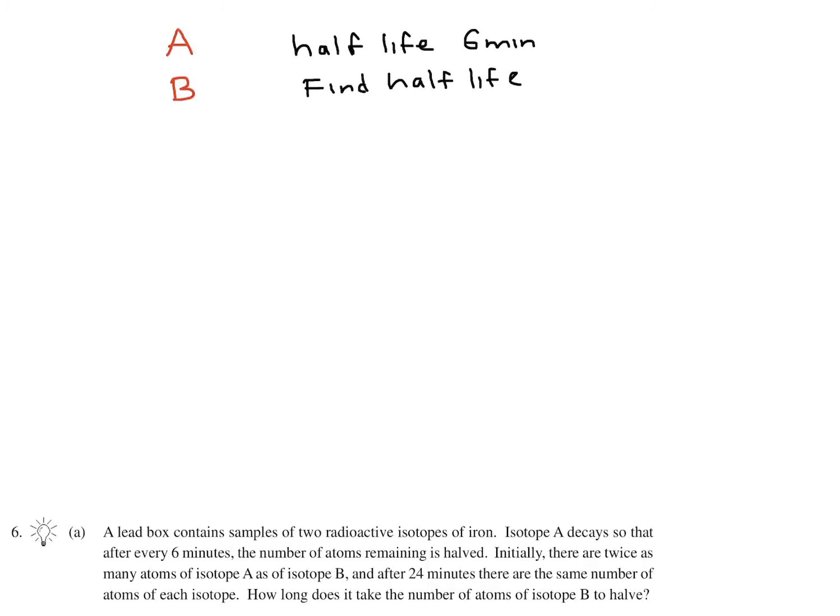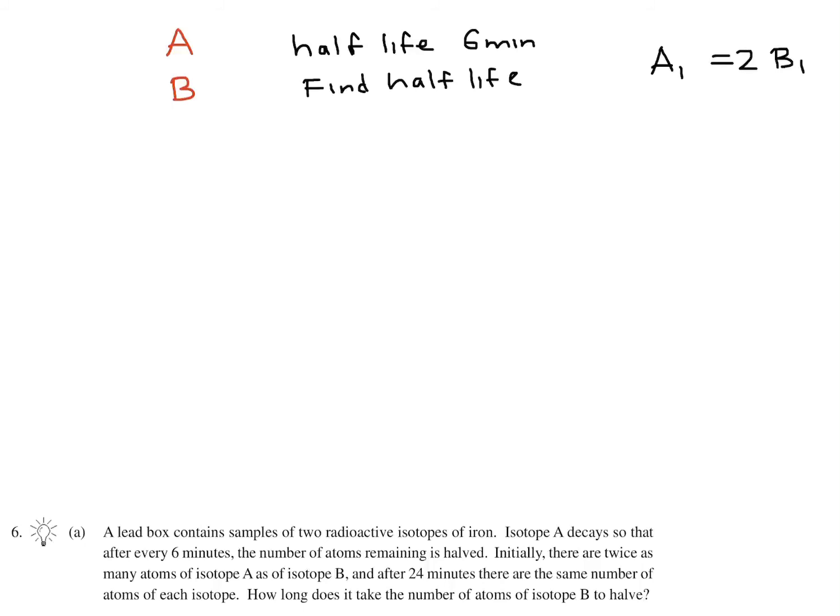So let's just say we have our initial conditions as A1 for the number of atoms of A and B1 for the number of atoms of B. And they tell you that initially there are twice as many atoms of isotope A as isotope B. So that means A1 is equal to 2B1.